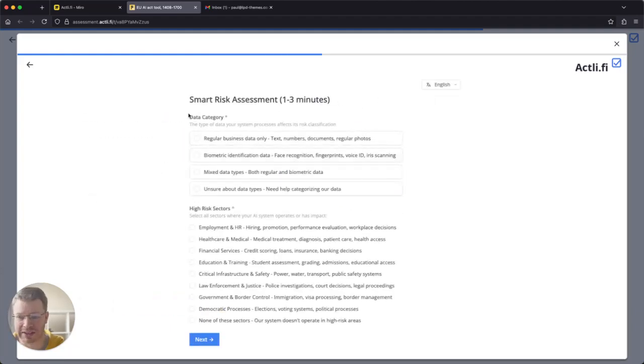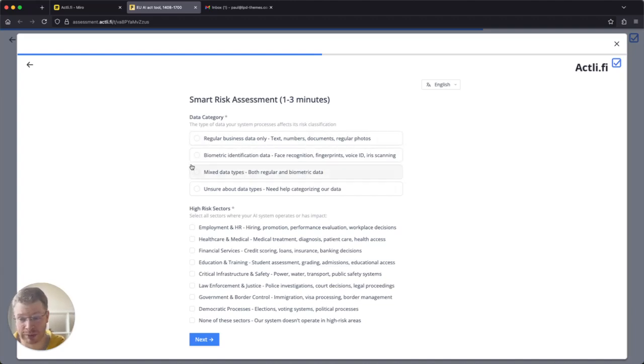Now we have to select the data category. Let's select what type of data your particular system has. If your system has just regular data, like text, numbers, documentation, select regular business data only. If your system has data related to biometric identification, select this one.